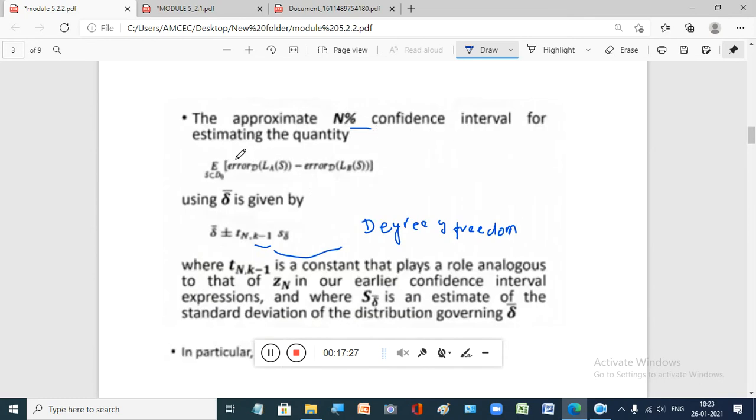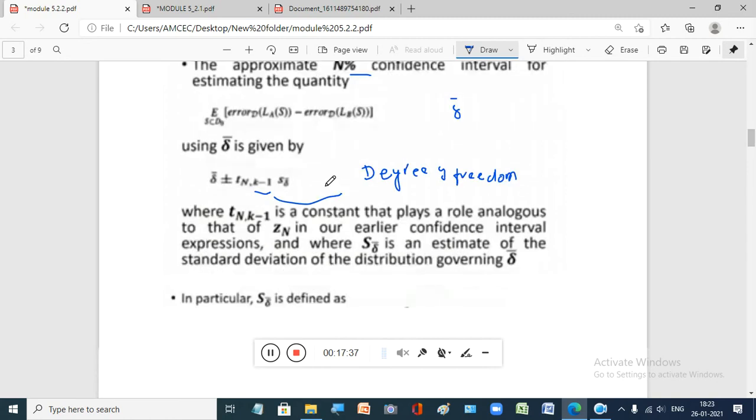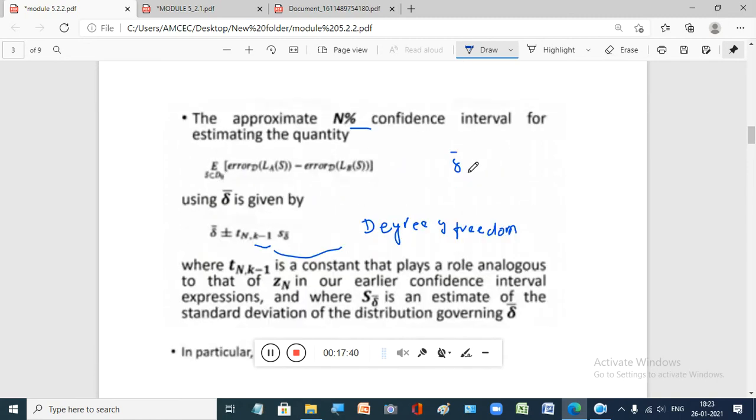We say that this delta bar, which we just found, that is the mean, plus or minus t of N comma k minus 1, times s of delta bar, right? This is our equation when we go for the N% confidence interval. Here t of N comma k minus 1 is a constant, and it is related to the degrees of freedom.